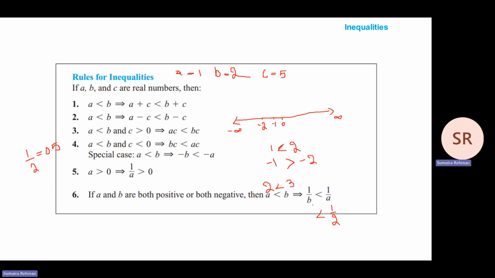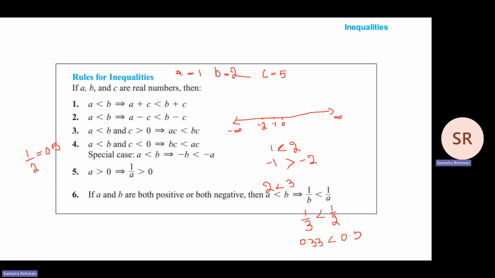Now what is b? 1 upon 3, which you can check would be 0.33 and so on, and 1 upon 2 would be equal to 0.5.